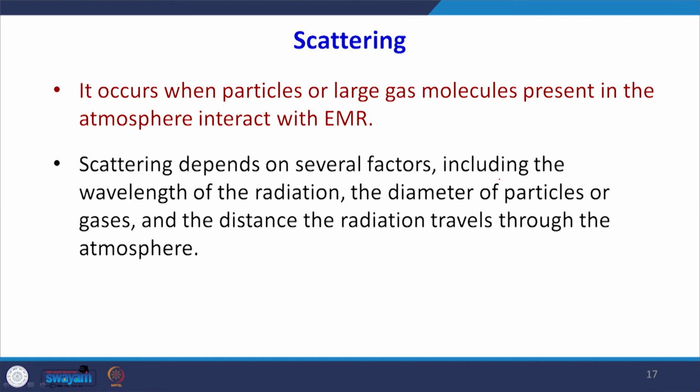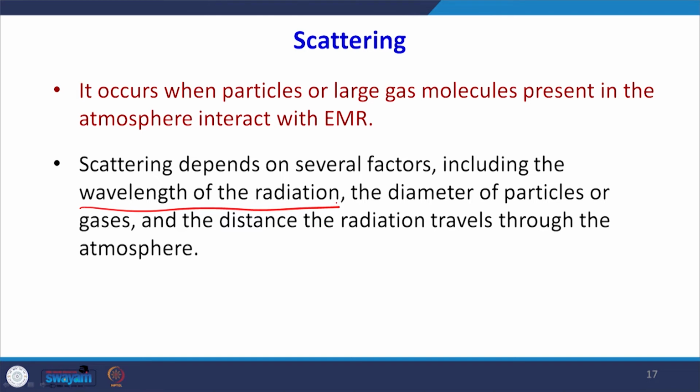Now we will focus a little more on the scattering part. When particles or large gas molecules present in the atmosphere interact with the electromagnetic radiation, the scattering process will take place, and it will depend upon several factors and parameters, including the wavelength of the radiation. If we are working in a particular wavelength region of the electromagnetic spectrum, the magnitude of the scattering would differ.